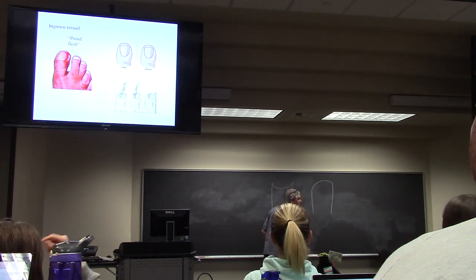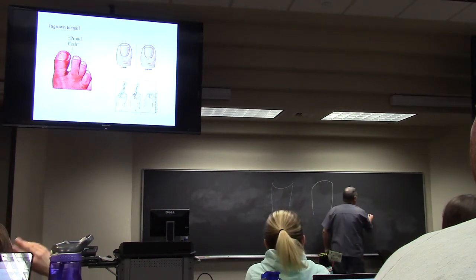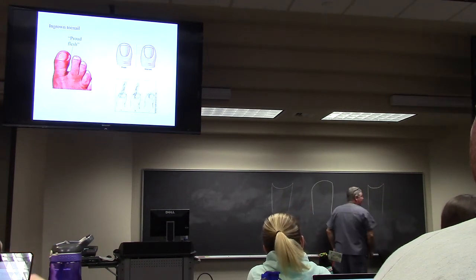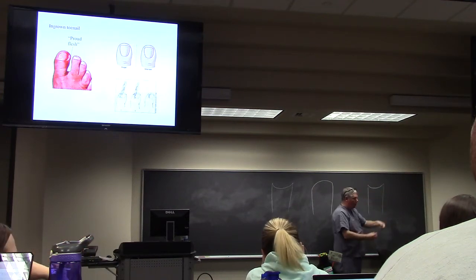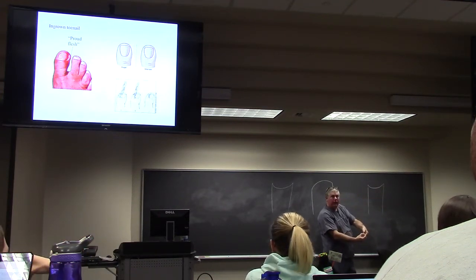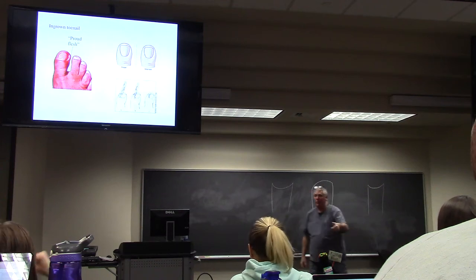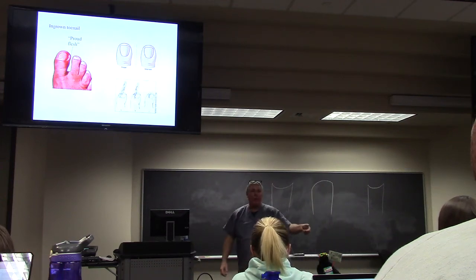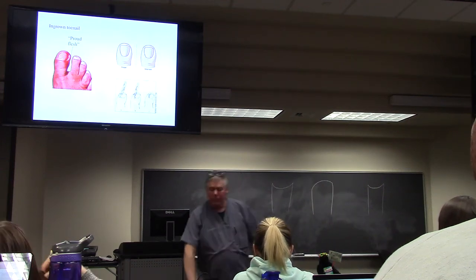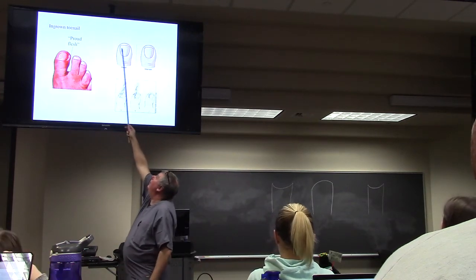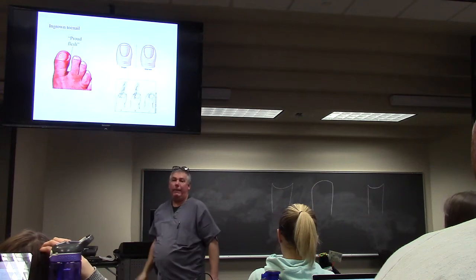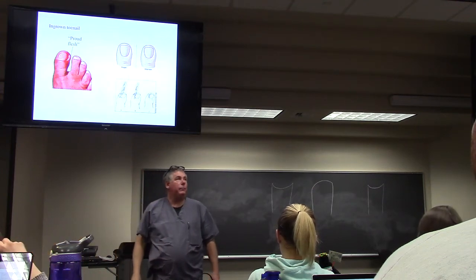So you actually want the toenail to look like that. You want these two edges to grow beyond the edge of the nail bed, the nail plate. You want it to be like that, not ingrowing into it like that. Okay?